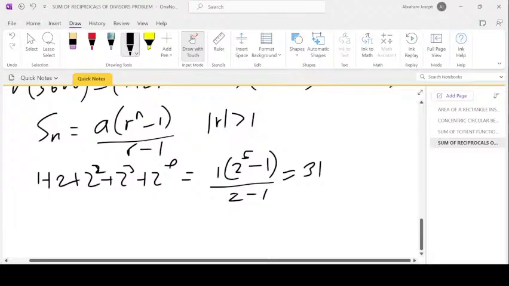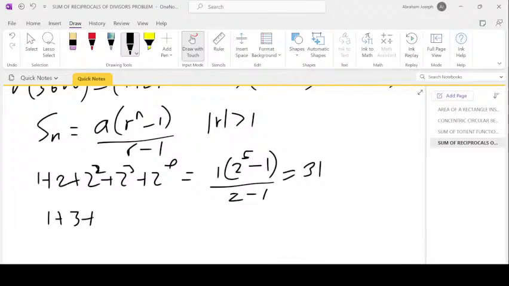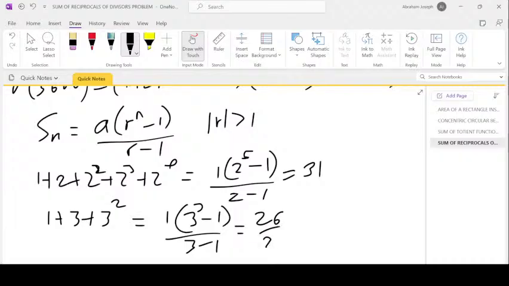So we've got the first one. For the other one, we have 1 plus 3 plus 3 raised to 2, where A is 1, the common ratio is 3. How many terms do we have? We have 3 terms, so 3 raised to 3 minus 1 over 3 minus 1, which is 27 minus 1 is 26, and 26 divided by 2 is 13.